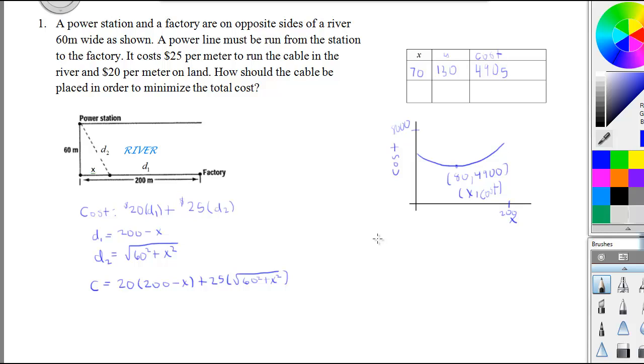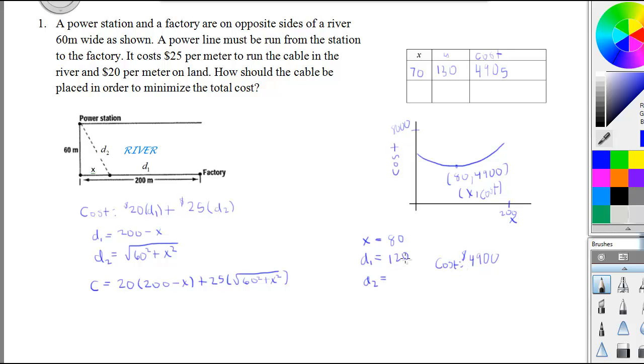So my answer, how should the cable be placed in order to minimize the cost? So x is 80. Just to be super specific, you could say D1 then must be 120. D2 we could figure out, and the overall cost is $4,900.